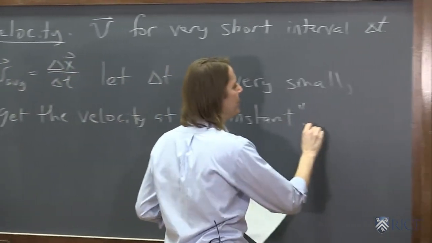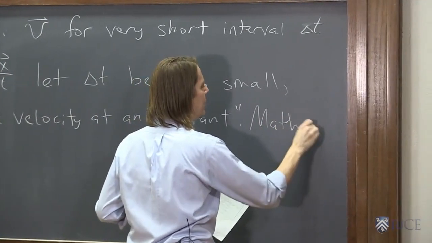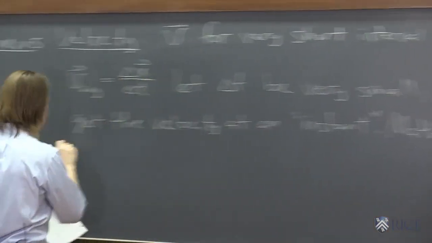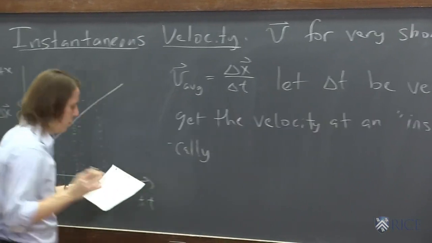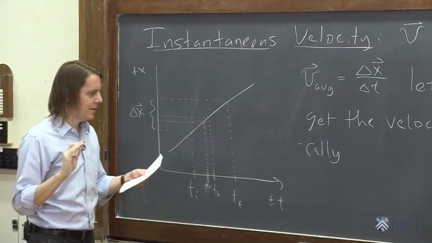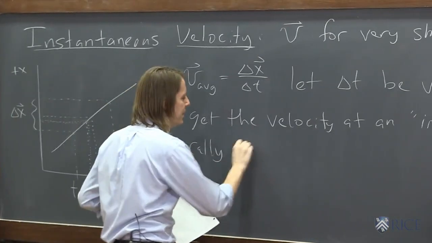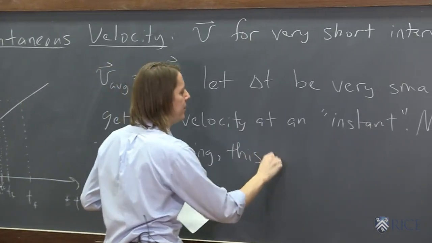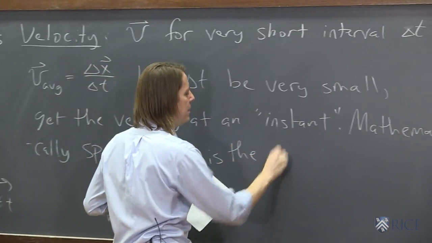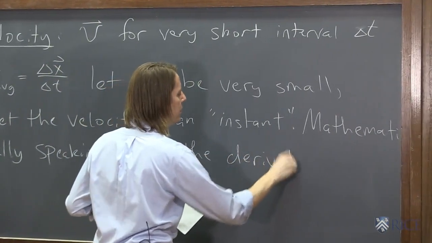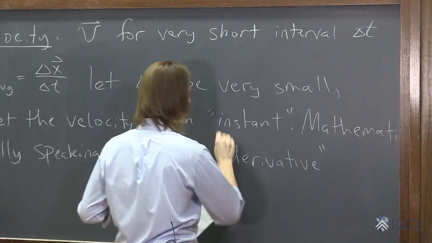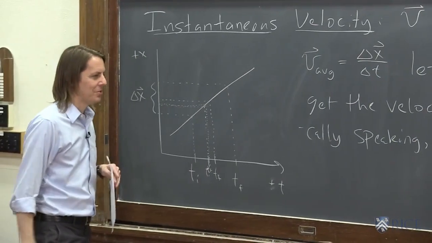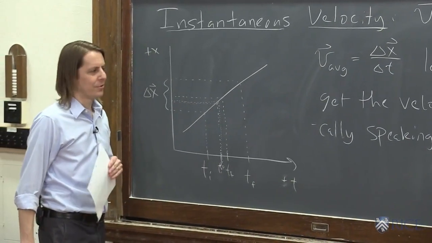Right. So what this means is mathematically, let's see how we would say this. What does this mean? Mathematically speaking, this is the derivative. So this is calculus-based physics, so we will talk about concepts from calculus, although you can kind of get by if this is the first time you're seeing them.